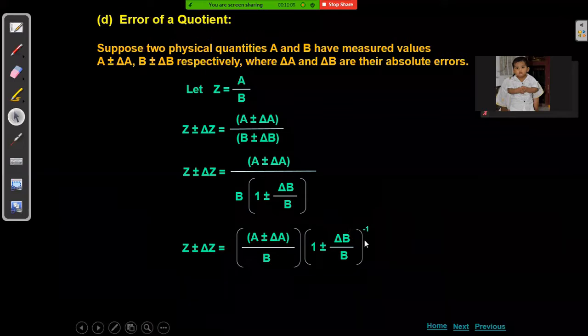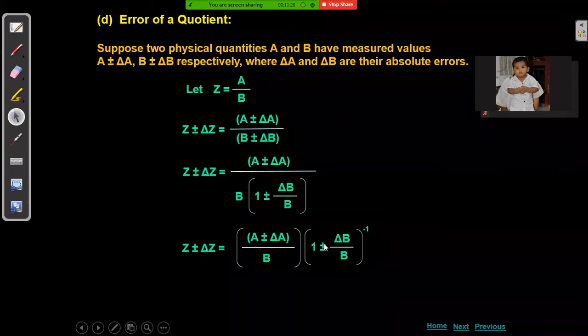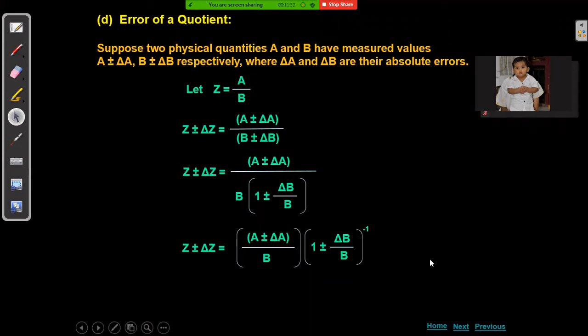In short, remember that the minus 1 comes here and is multiplied. So plus or minus becomes minus or plus, and we get 1 minus or plus delta B by B.